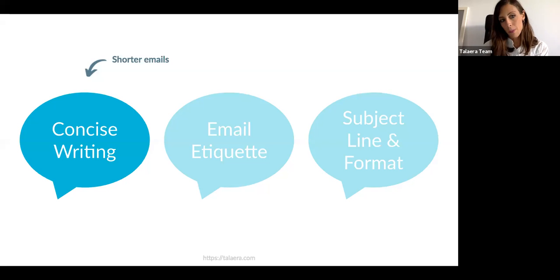So what concise means is not to be short, but to say what you want to say with the words that you need, no more. Writing an email is about getting something done, not trying to win a Pulitzer Prize. So you don't have to prove that your English is great by using super fancy words. What you want is to write it as clear and short as possible.